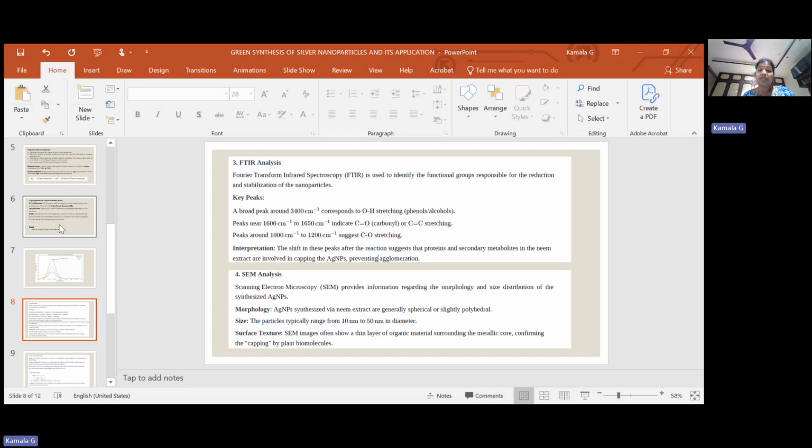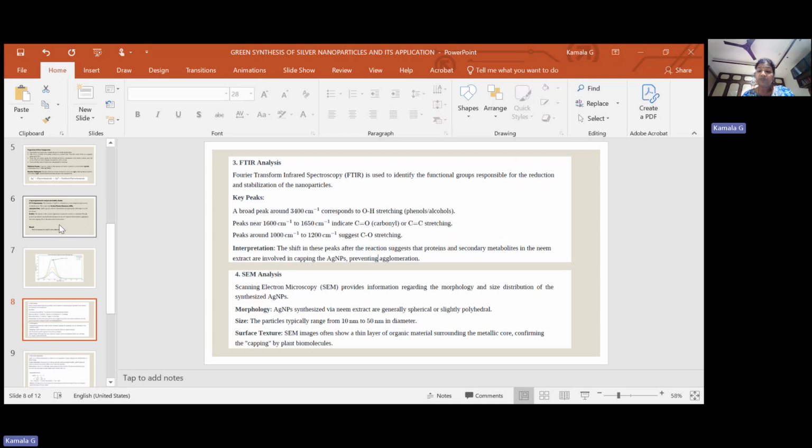SEM, scanning electron microscopy, provides information regarding the morphology and size distribution of the synthesized nanoparticles. These are generally spherical or polyhedral in shape, ranging from 10 to 50 nanometers in diameter.